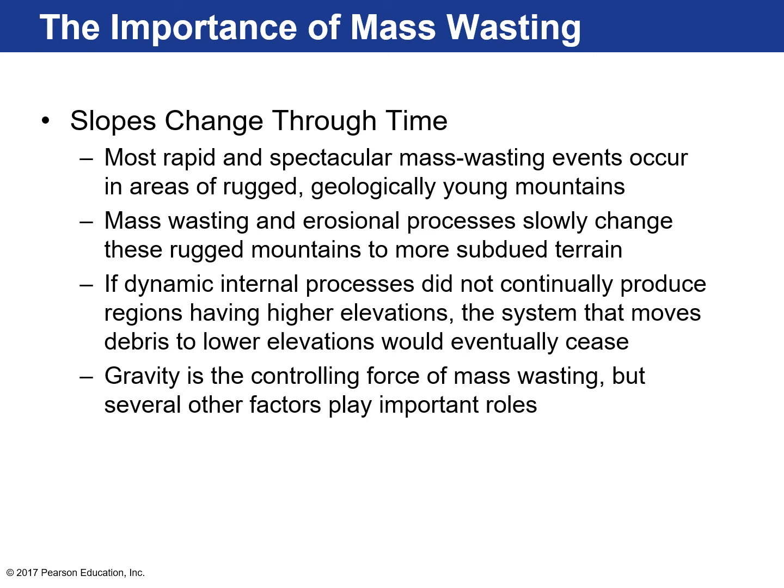And these slopes, they change through time, okay? The most rapid and spectacular type of mass wasting events occurs in areas where there are young mountains, really rugged terrain, okay? Because there's a lot of thrust faults and rocks being pushed up high to oversteepen slopes.